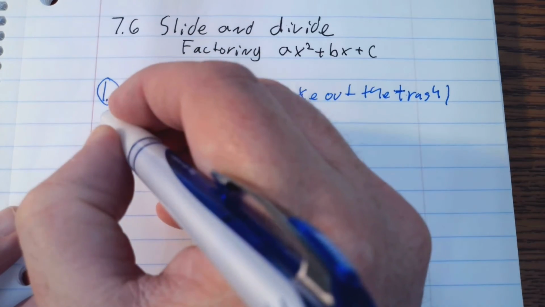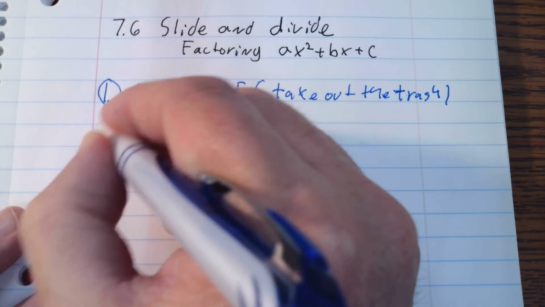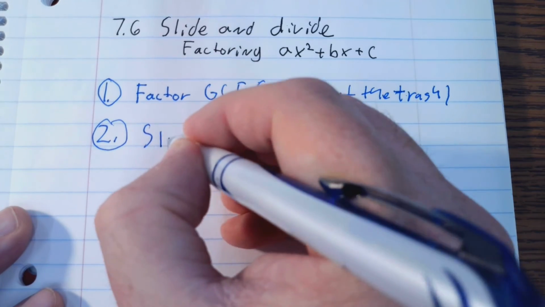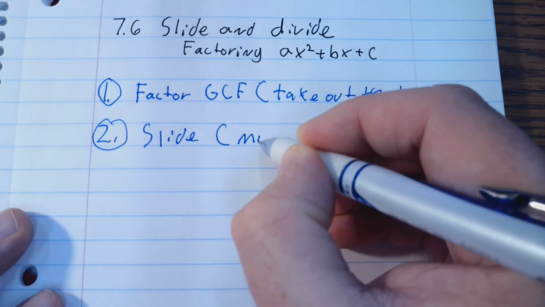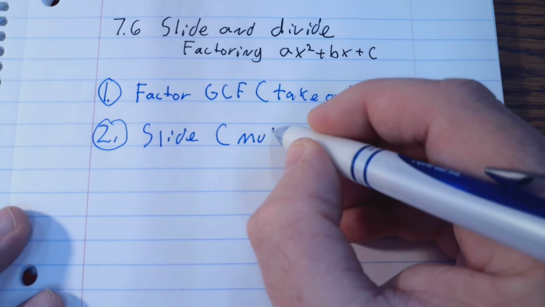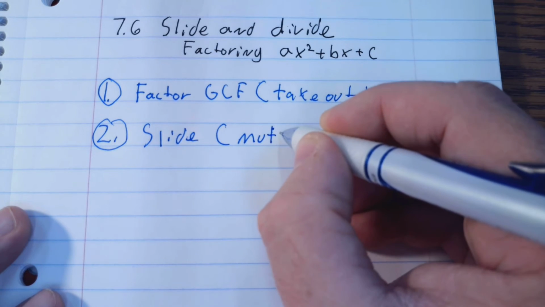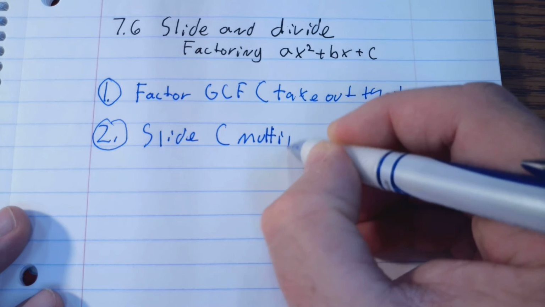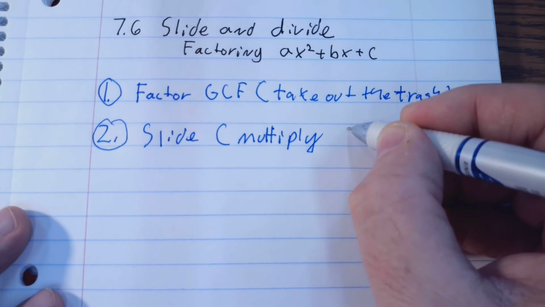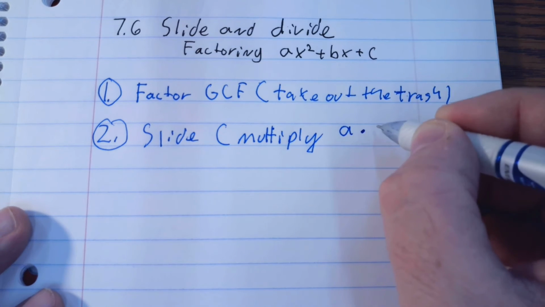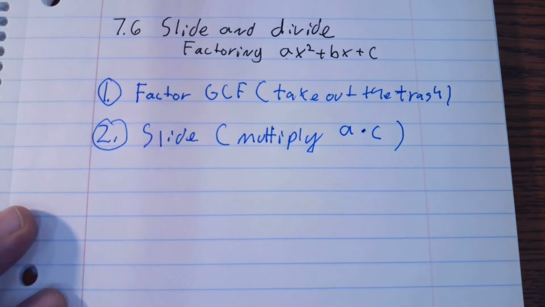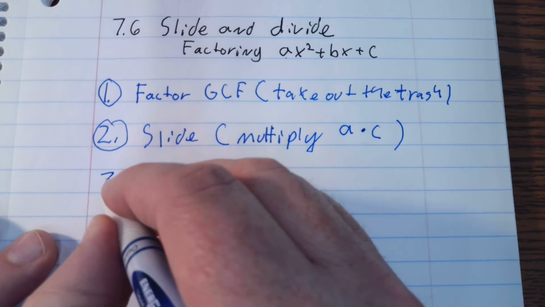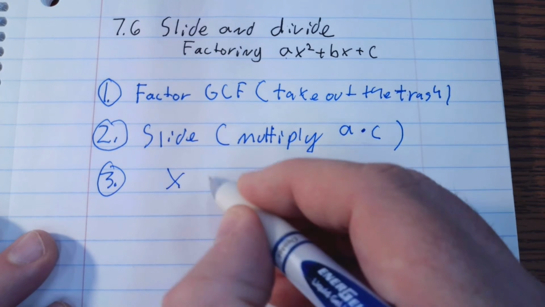The second thing is going to be slide. Well, that's not really a math term. So slide is going to be multiply. A times C. And that's what I'm talking about, A times C. Third thing, X game.